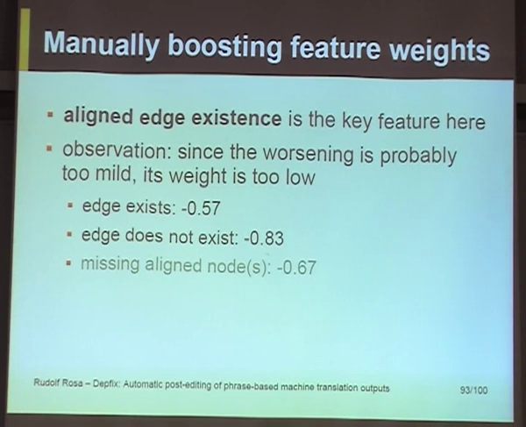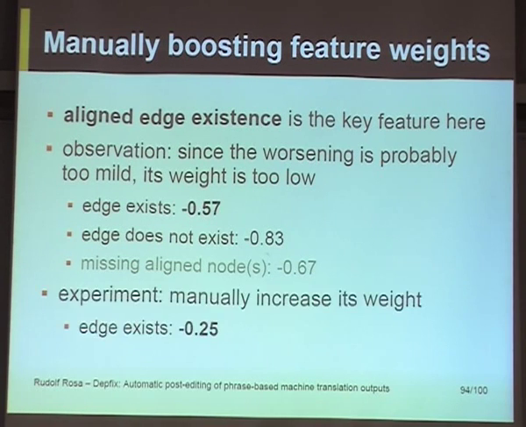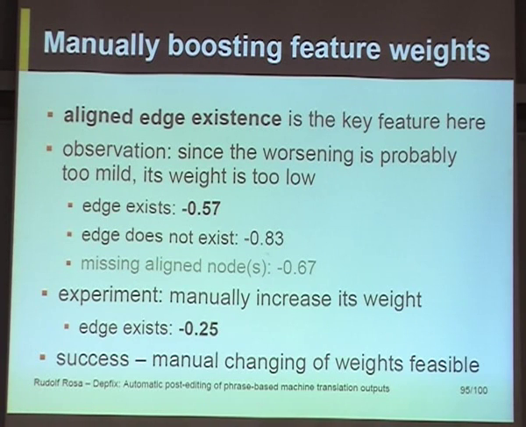And we found out that maybe we should do the projection more aggressively. The feature got a score which is minus 0.57, and we actually decided to make the score larger so that it propagates this idea that the trees should be the same, and it helped.